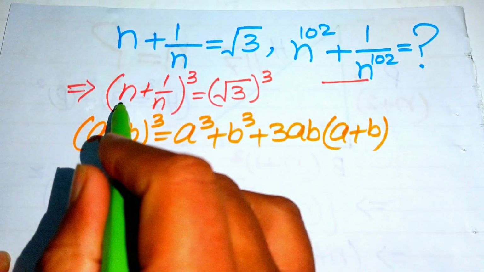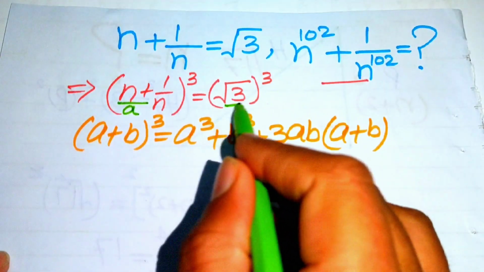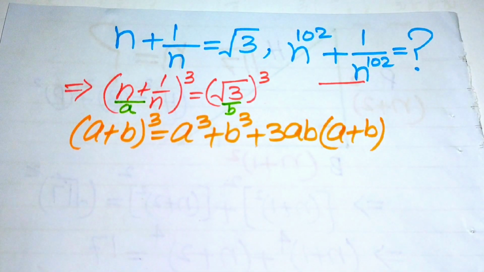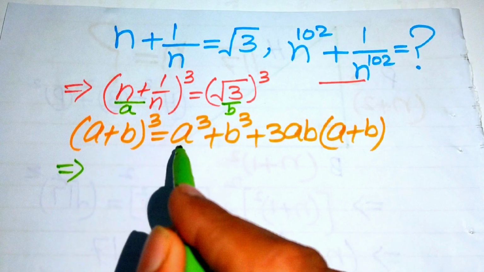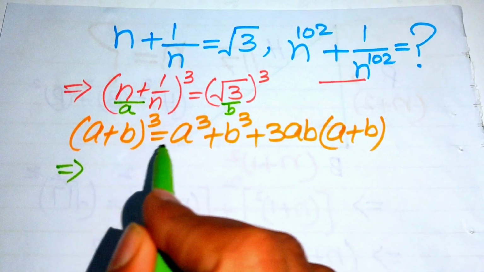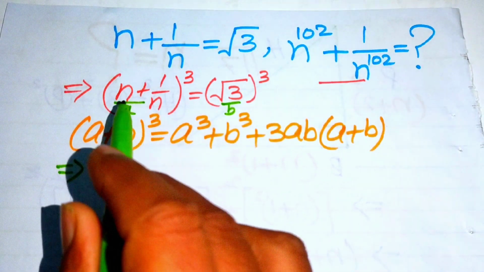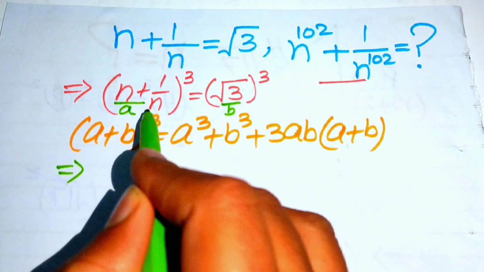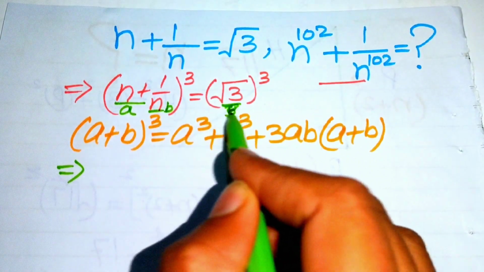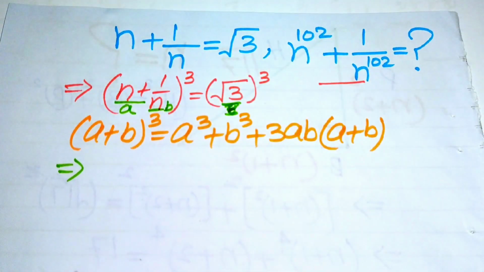So this is our cubic formula, and we put the values of a and b in this formula. Our a is n and our b is 1 over n.